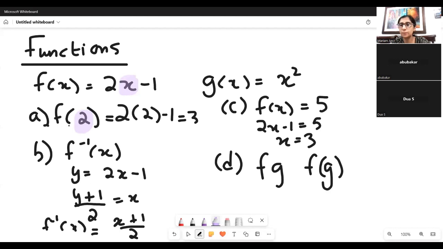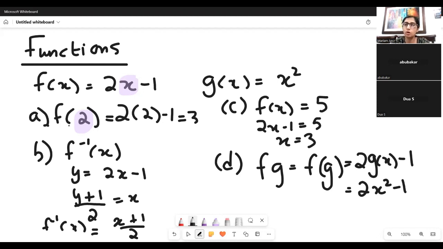Now we'll replace that x with g. So we get 2 times g(x) minus 1, and you know the function g(x) is x squared. So this becomes 2x squared minus 1. This fg is called a composite function.